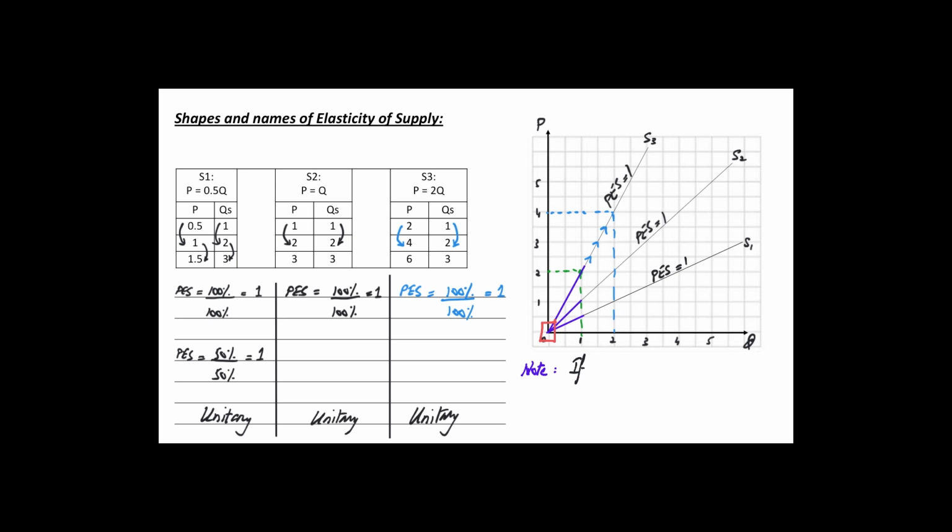If a supply curve starts from the origin, then its PES will be equal to 1. And not just for any one price change, it will be the same for every single price change. This entire curve will have PES equal to 1 throughout its range because it starts from the origin.